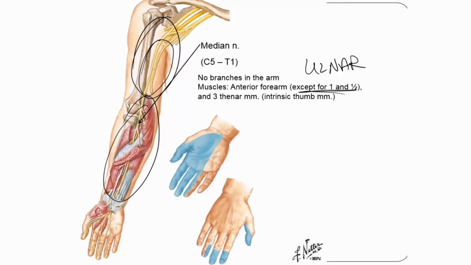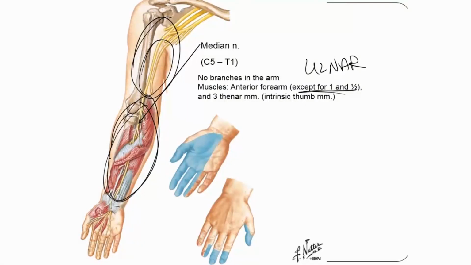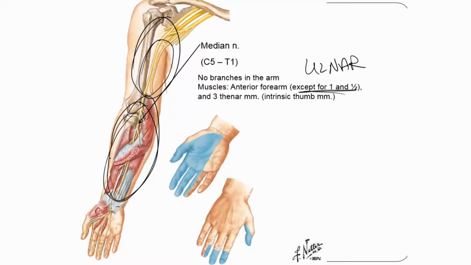It also supplies the flexors of the digits, so flexor digitorum superficialis, part of flexor digitorum profundus, and the muscles that will assist with abduction at the wrist, so flexor carpi radialis, which also assists with flexion at the wrist. So those are guys that will be supplied by this particular median nerve, including a muscle called pronator teres. So this is one of the guys that assists with pronation. We've talked about a couple that assist with supination.